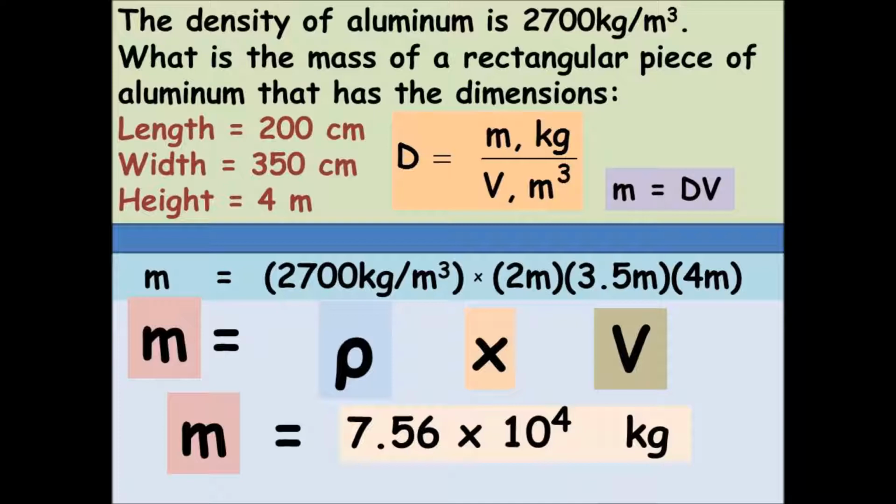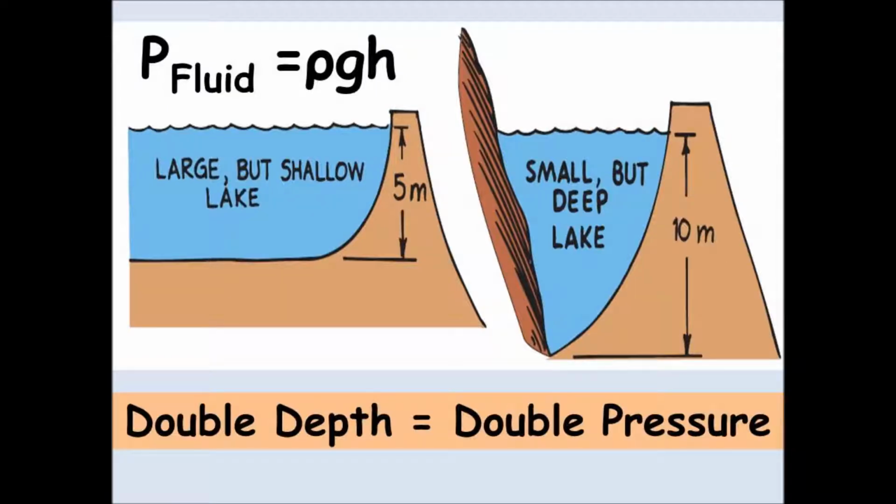Well, you have to convert everything to meters, because in physics we only use meters, kilograms, seconds, etc. So if you convert everything to meters, and we know from the equation that density times volume equals mass, 2,700 times 2 meters times 3.5 meters times 4 meters is going to be 7.56 times 10 to the fourth kilograms. You're going to have to really be able to use scientific notation in this unit, or you're going to find things fairly difficult.